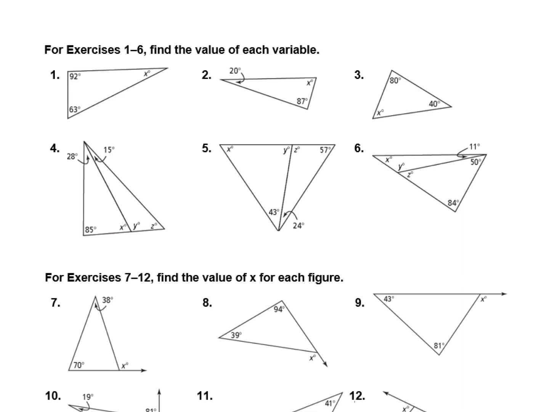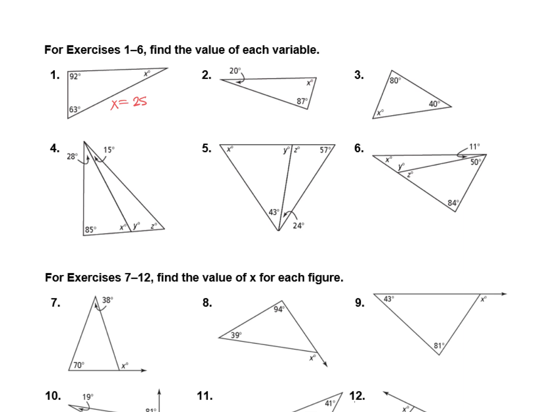So if you take 180 and subtract out the 92 and the 63, x will equal 25 degrees.